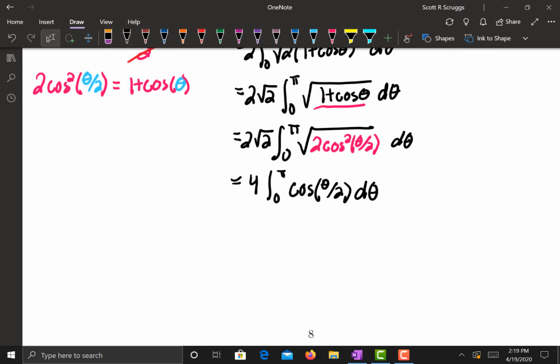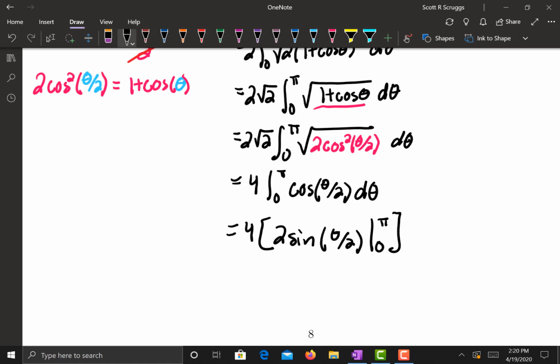So that gives me equals to 4. Antiderivative of cosine of theta over 2 is 2 times sine of theta over 2. Fundamental theorem of calculus says evaluated at pi subtracted by 0.